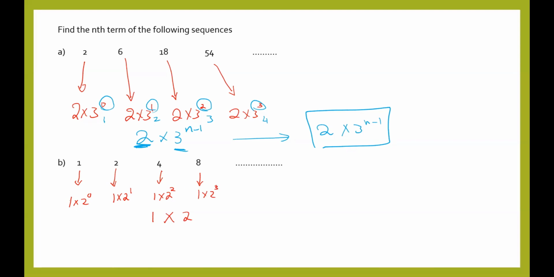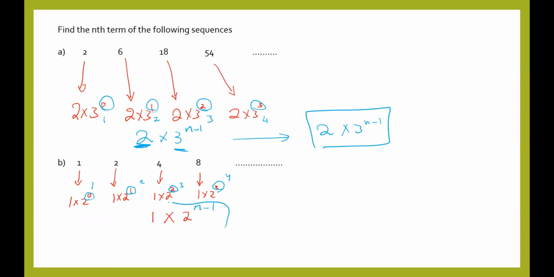So we need to get a relationship between the powers, as we did in the previous example: 0, 1, 2, and 3. The power of the 2 here must start from 1, not 0. So the 1 here, and 2 here, and 3 here, and 4. So what we did is, we subtracted 1 each time. So the power will be n minus 1.